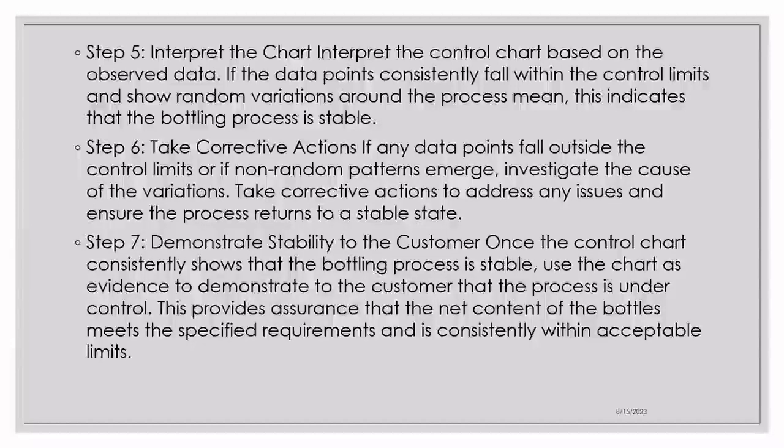You can't see any trend or any non-random patterns within the control limits. If they are not present, then you can say this is a good process, very much acceptable, a well controlled process. Those are the important pieces of information you are required to present under this.